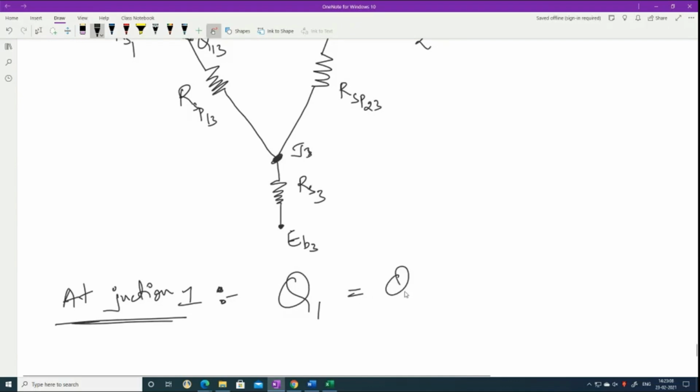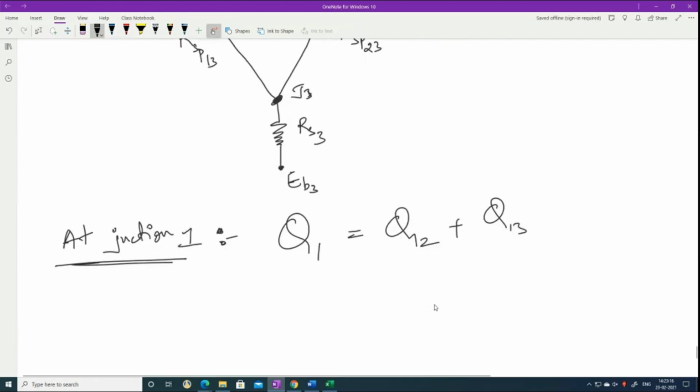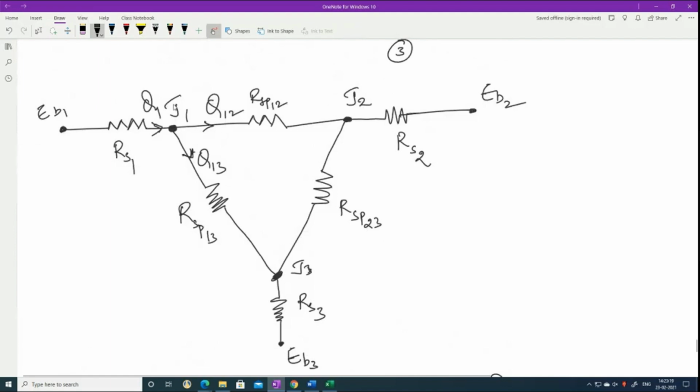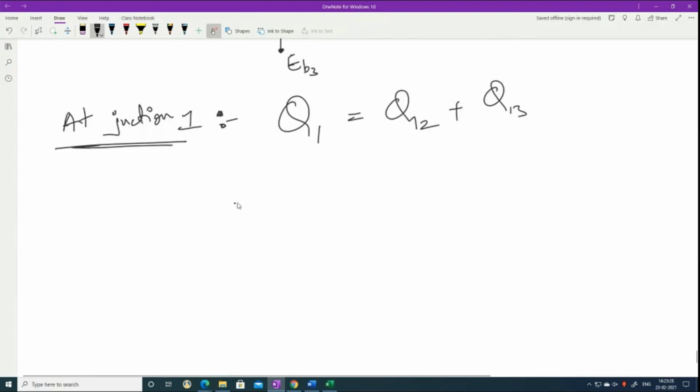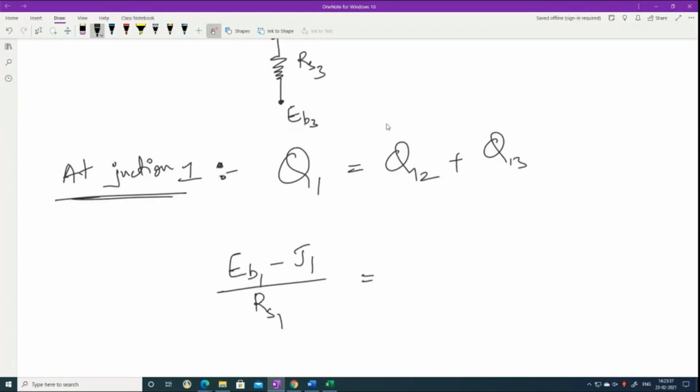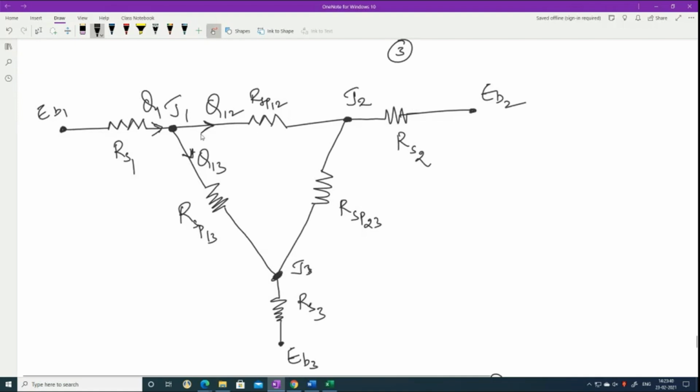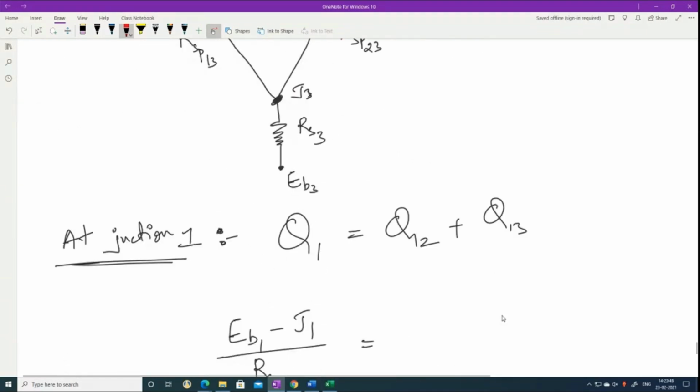Q1 is equal to Q12 plus Q13. So what will be the formula for Q1? It will be EB1 minus J1 by the resistance, that is RS1. And Q12 is going like this, so J1 and J2 difference you will take by RSP12. Is that clear?